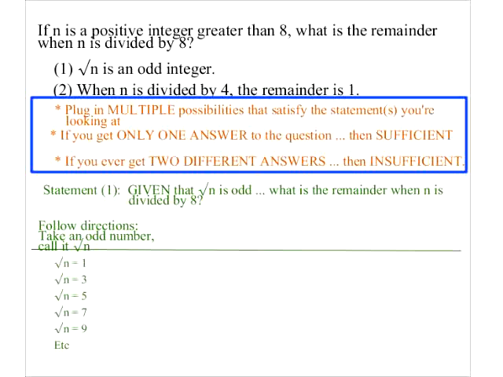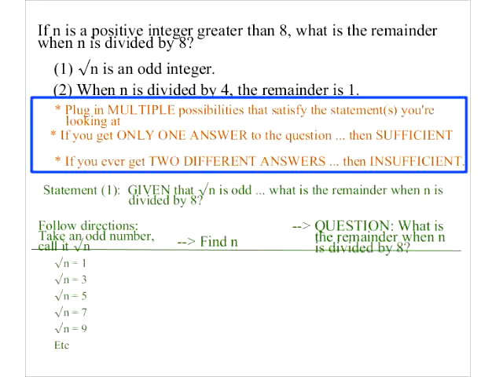So the first thing we need to do is find n. And then we need to answer the question. The question is, what is the remainder when n is divided by 8?